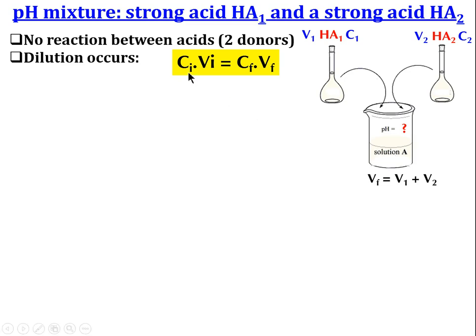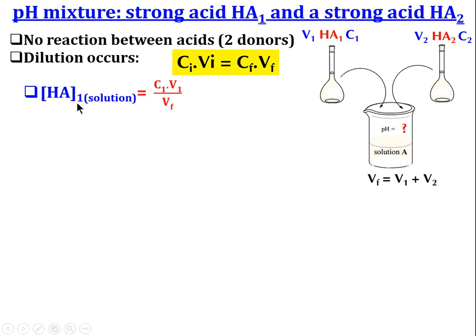And this is the dilution equation. The initial concentration times the initial volume is equal to the concentration final times V final. In this example, the volume of the solution, V final or V total, is equal to V1 plus V2.